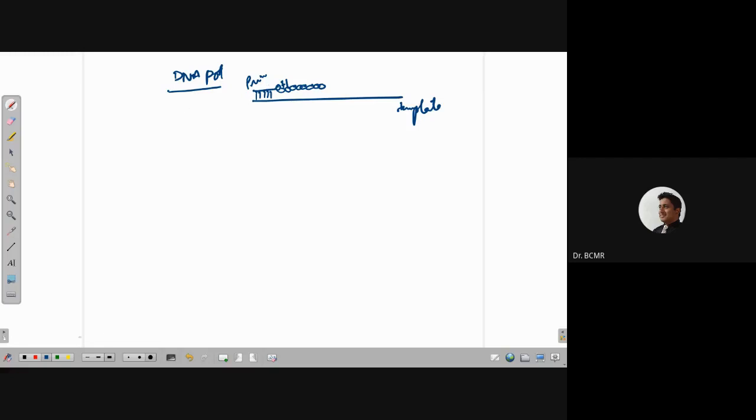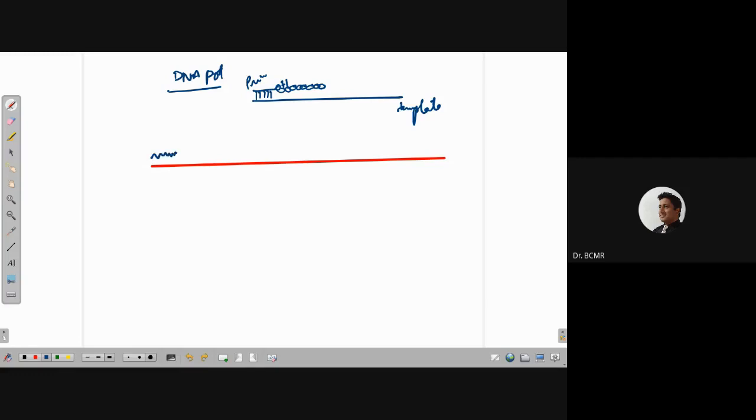Why do I say it is a problem? Let me draw it a little more clearly. So here is a DNA molecule. Assume that's the template, and now I'm going to draw a primer, and the primer is this.